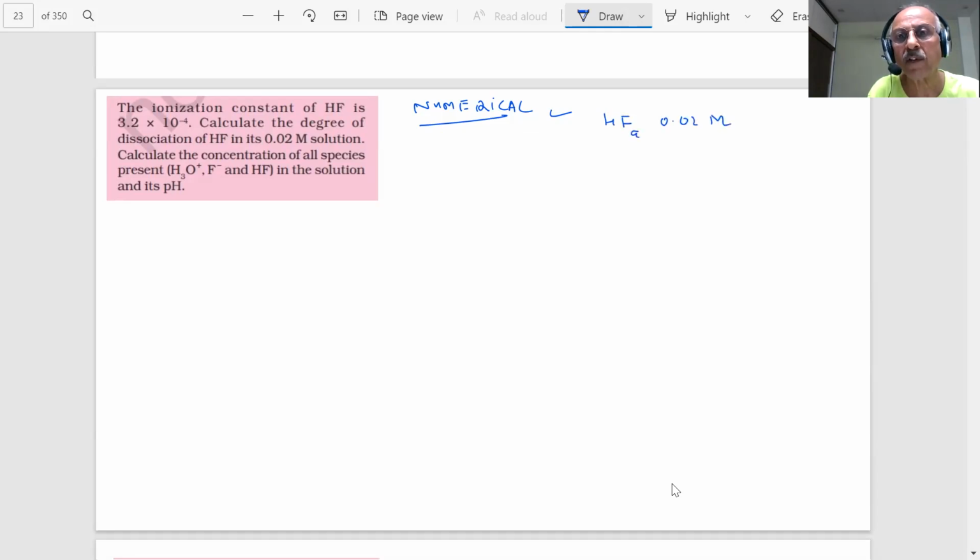That means it is aqueous. So there is HF present in the solution, and there is water present in the solution. Two things are present. And what is the story of the water, student? You have seen water. It forms H3O plus and OH minus, students.